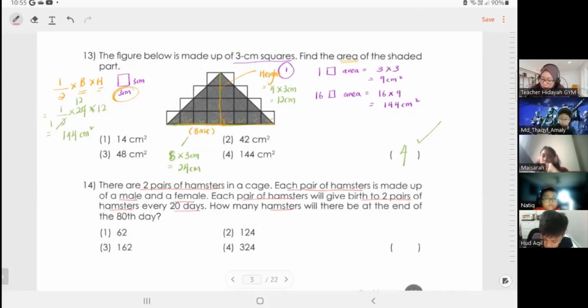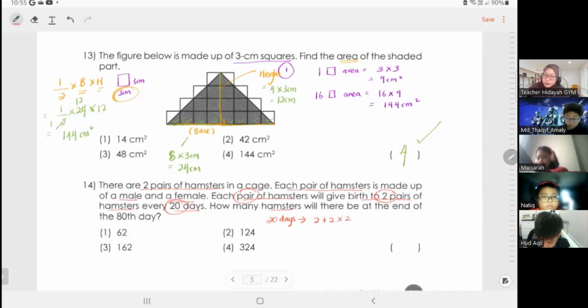So you write it out. We are looking at 20 days, right? Every 20 days, each pair of hamsters, pair means 2, will give birth to 2 pairs of hamsters. Okay, we write down this one first. 20 days, 2 plus 2 times 2. The 2 pairs of hamsters will give birth to 2 pairs each at the end of the 20th day.